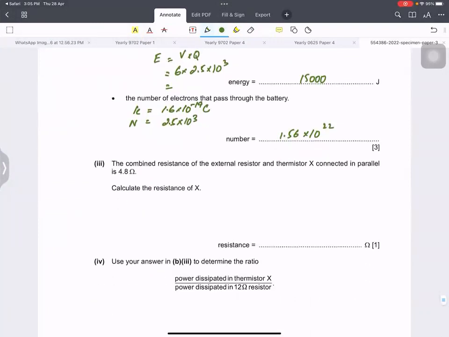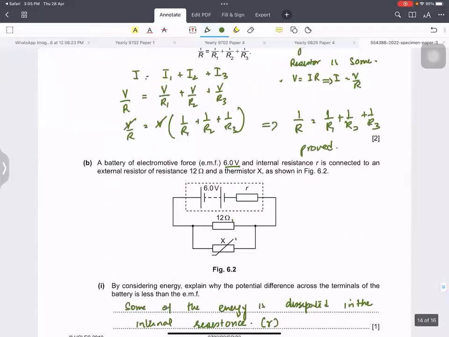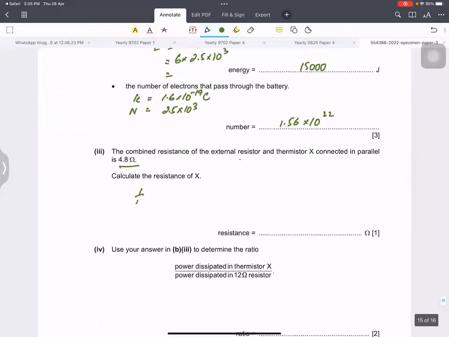Then the combined resistance of external and thermistor X connected in parallel is 4.8. Calculate the resistance X. So that's 12. Okay. So 1 upon R, so 1 upon 4.8, 1 upon 12, 1 upon X. Okay, so let me write Rx.